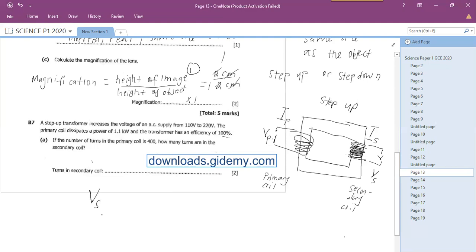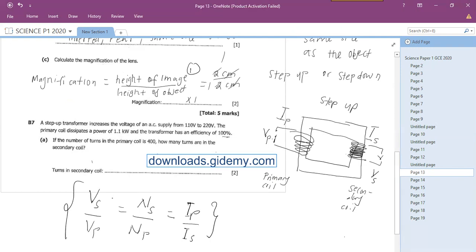Voltage in the secondary coil over voltage in the primary coil is equal to number of turns in the secondary coil over number of turns in the primary coil is equal to current in the primary coil over current in the secondary coil. So unfortunately, you just have to know this formula, write it down somewhere, meditate on it.